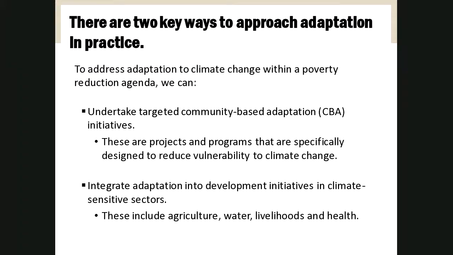When we look at adaptive processes within a community, we will often look specifically at the vulnerability of that community and how they adapt themselves to the impact of climate change. When we look more at development aspects, we say, okay, do we encourage a change in crops, or do we encourage more diversification of farming techniques?